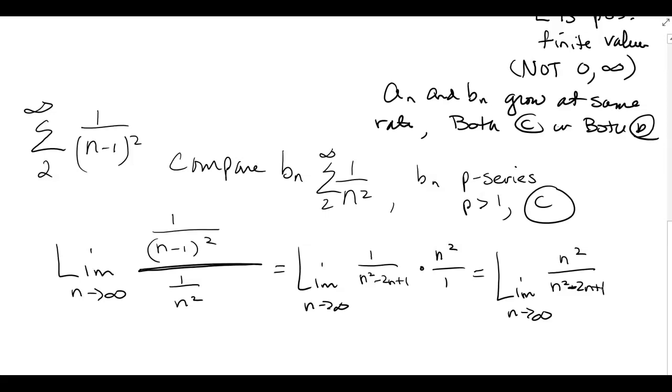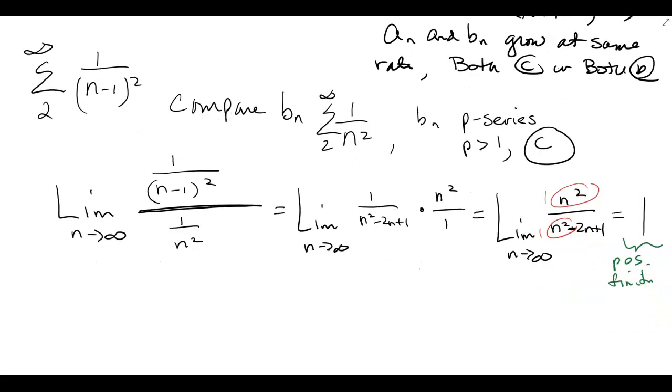If not, you can L'Hopital this twice, because the first time you get 2n over 2n minus 2, and the second time you see right away that you get 2 over 2. Or you can just use your coefficient rule, because these are the same: coefficient over coefficient. No matter which way you take that limit, you get a 1. Okay? And 1 is perfectly legitimate. It is a positive, finite value.